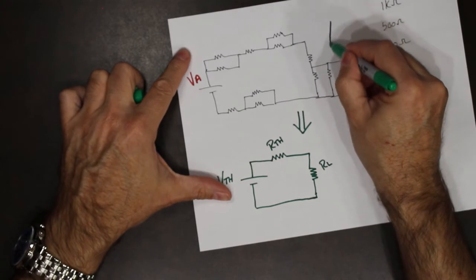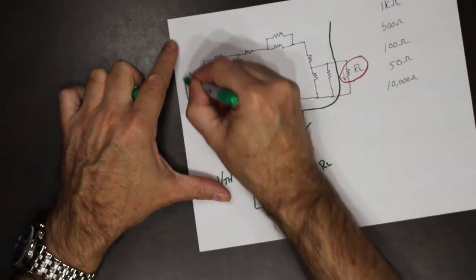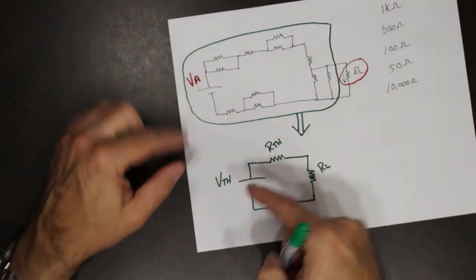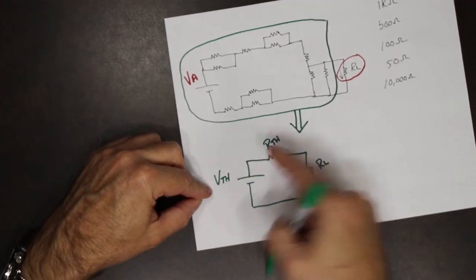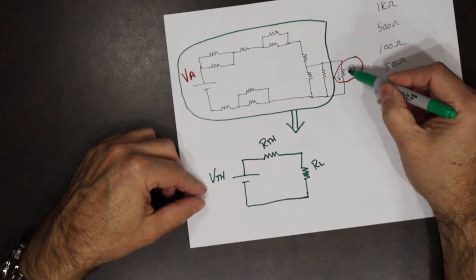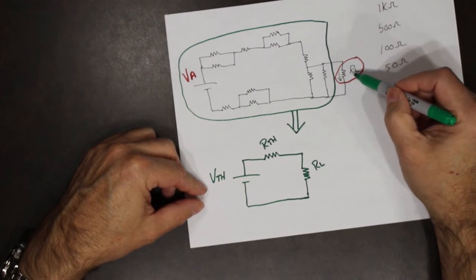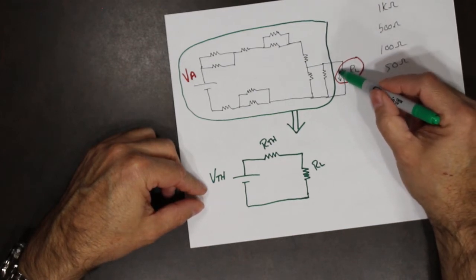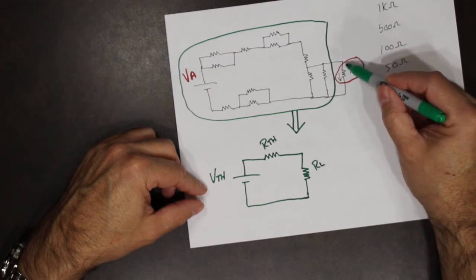Since these values are calculated without this in the circuit, it doesn't matter what value this is.